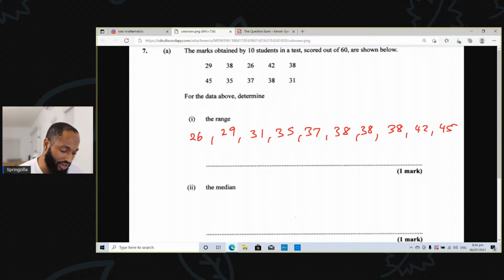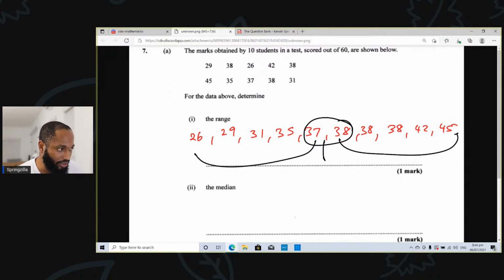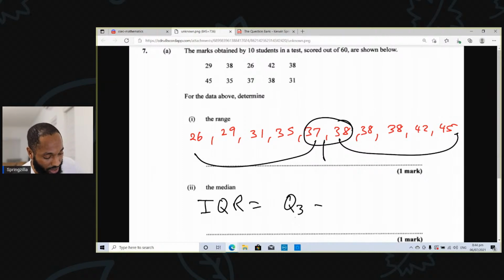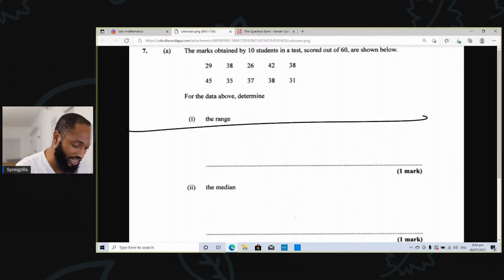So the interquartile range is like the median of the lower and the upper half. You subtract them: interquartile range is equal to Q3 minus Q1. So there are quartiles. For those of you who don't know, you can split the data into 4 equal parts.